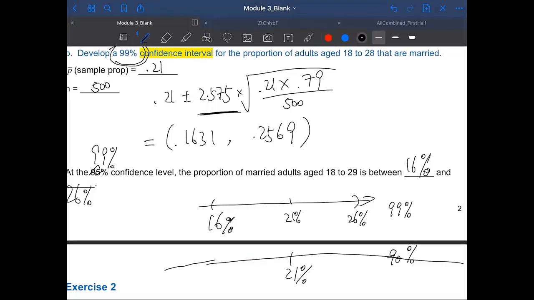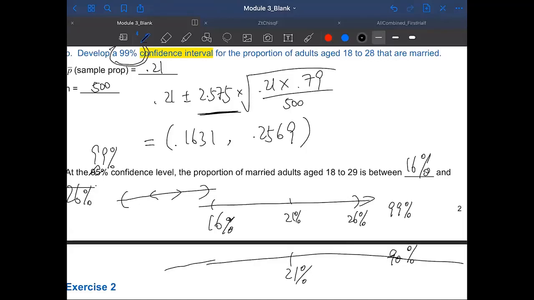Do you think it's more likely for a wider interval to cover something, or for a narrow interval to cover something? It's more likely for a wider range to cover something. Yes, exactly. If the interval is wider, it's more likely to cover something versus a narrower interval.